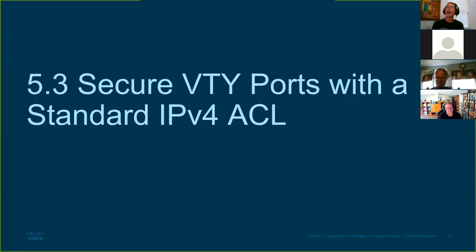So rather than have to put all the access lists to protect remote access on your other traffic filtering access lists, and then what happens when somebody adds another interface or lights up another interface and doesn't think to add the ACL to it, right? Now that's a problem.